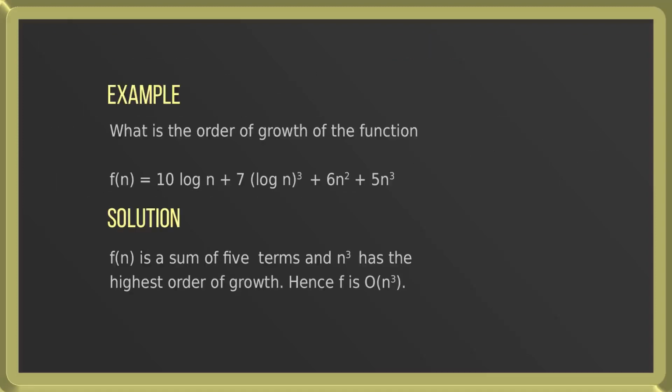For example, the order of growth of the function 10 times logarithm of n, plus 7 times logarithm of n cubed, plus 6 times n squared, plus 5 times n cubed is big O of n cubed. One caveat here: the number of summands has to be constant and may not depend on n.